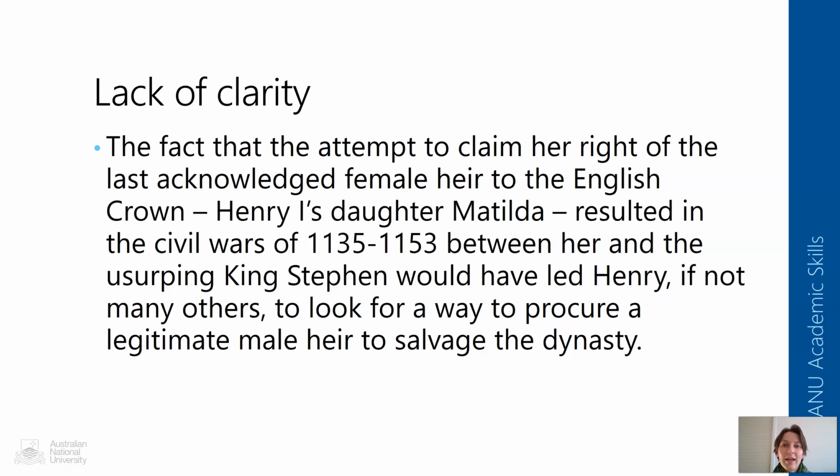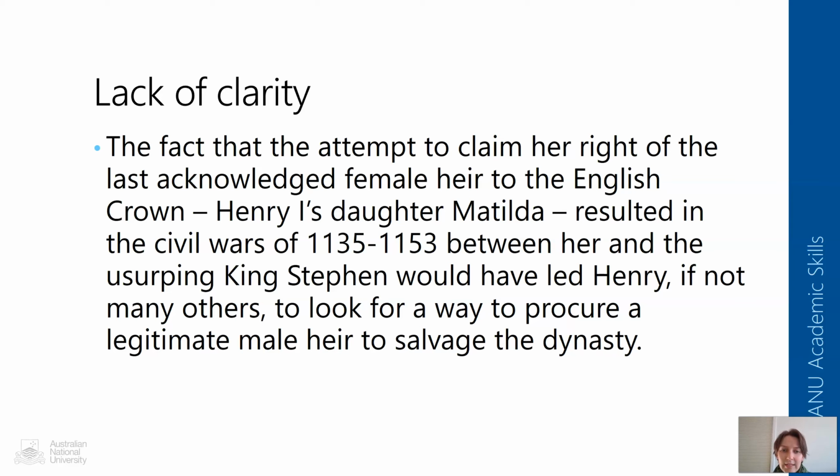Now, thinking about a real example from an academic essay, here is one where there's quite a lot of information packed into this sentence, and it can be misinterpreted in various ways. It could be very unclear, for instance, in the first line as to who was referred to as her. Is that Matilda? Is that somebody else? Another person who's related to Henry? And so on.